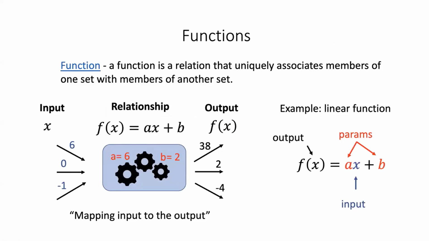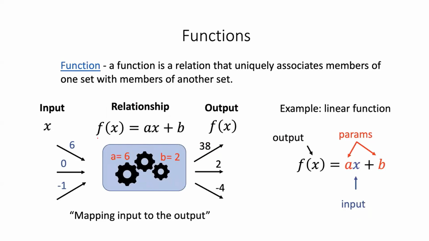A function is, we can say, a relation that uniquely associates members of one set with members of another set. You can see that the function here is f of x.